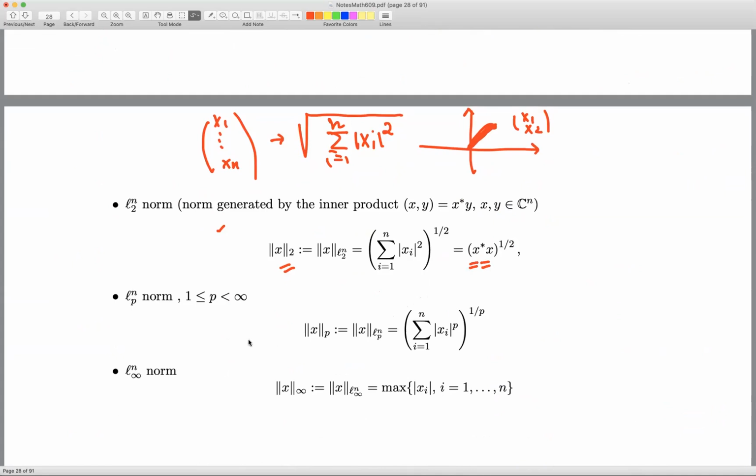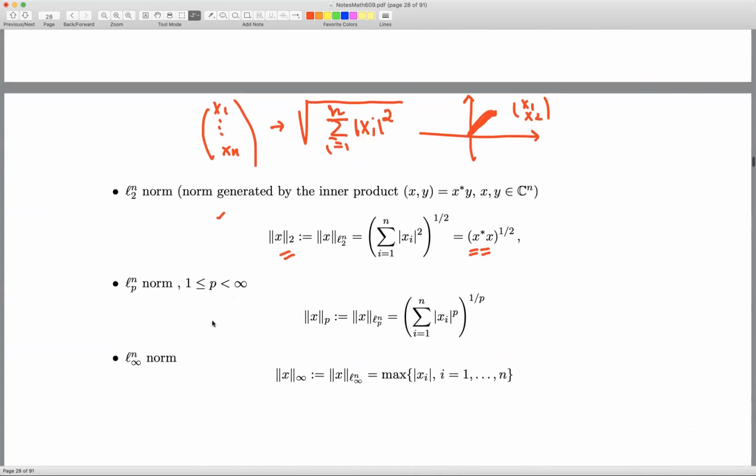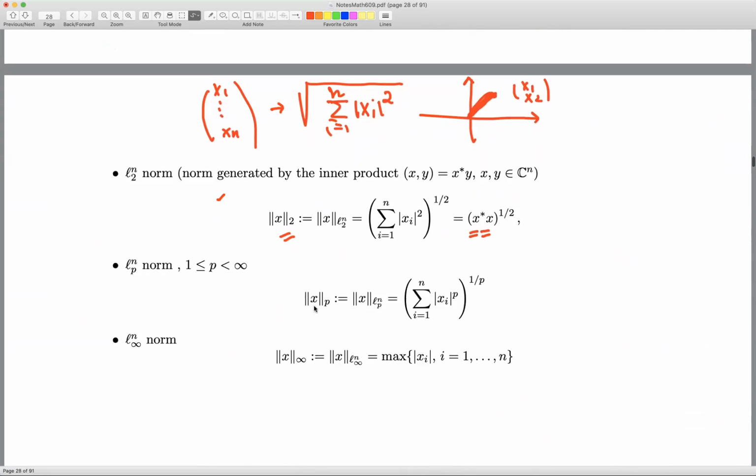In general, one can define the Lp norm for p between 1 and infinity. The Lp norm of a vector x in the space Cn or Rn, where x is an n-tuple with either real or complex entries, is defined the following way. We look at the coordinates x1, x2, and so on, xn. We look at the absolute value of the first coordinate raised to power p, plus and so on, the absolute value of the last coordinate raised to power p, and then the whole thing raised to power 1 over p.